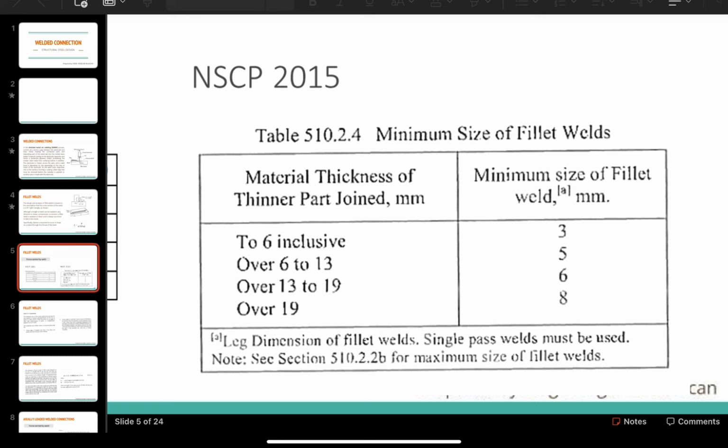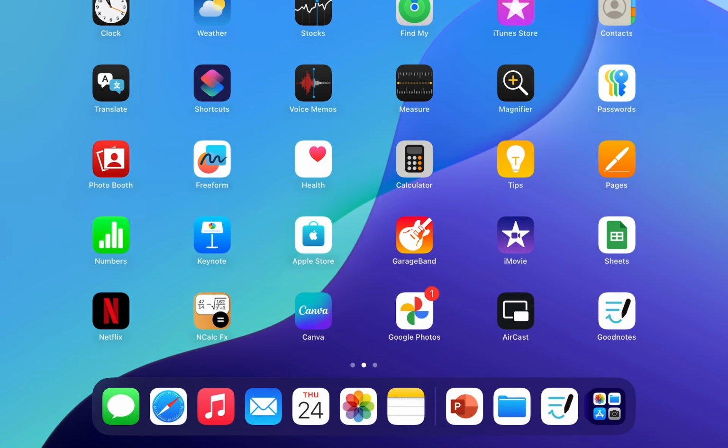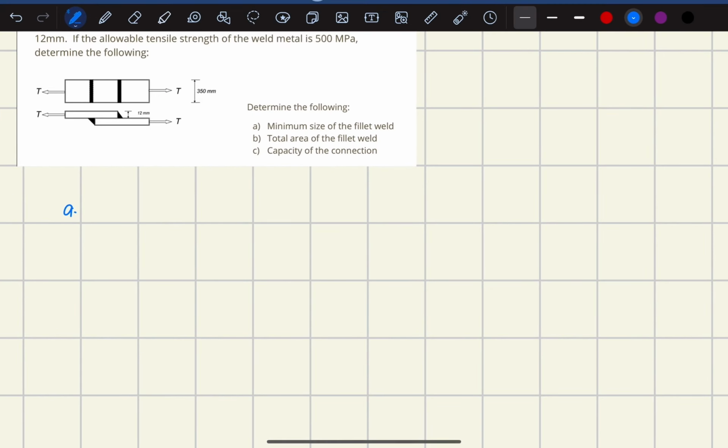So the minimum size of fillet weld is 5 mm as per NSCP 2015.